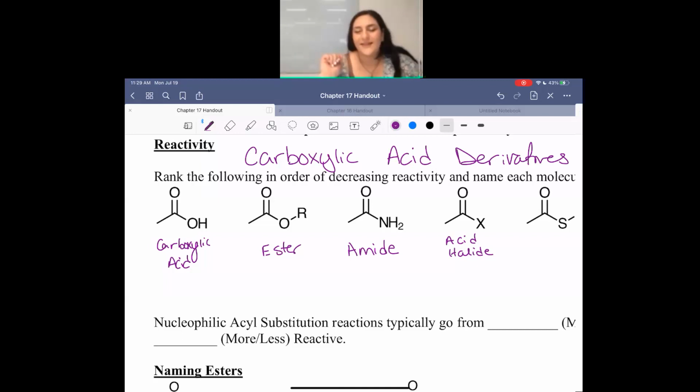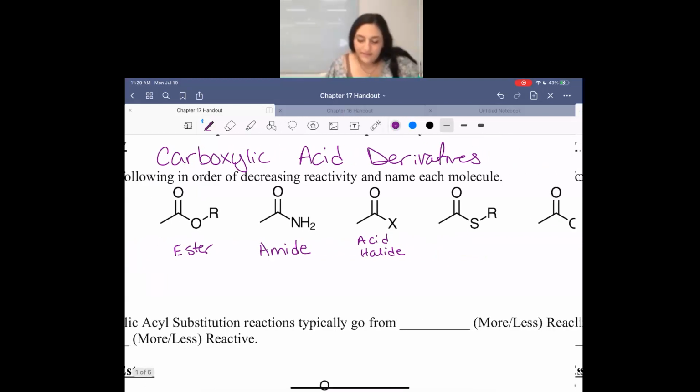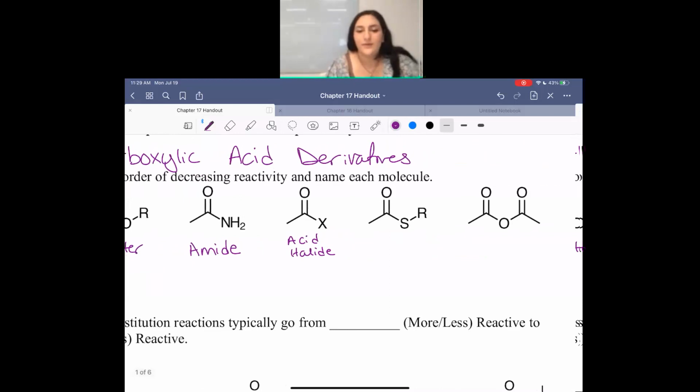You can also call it an acyl halide. That's also fine. They're interchangeable. So within our group, what do you think we call this? A thioester. Cool. And last but not least, this guy.